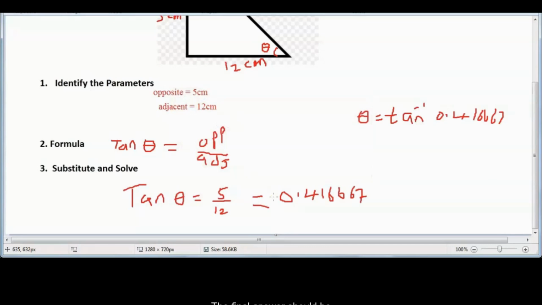Your final answer should be theta is equals to 22.6 degree to 1 decimal place, or 23 degree if you want to approximate to the nearest integer.